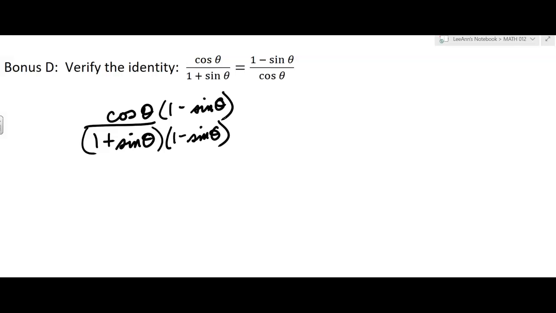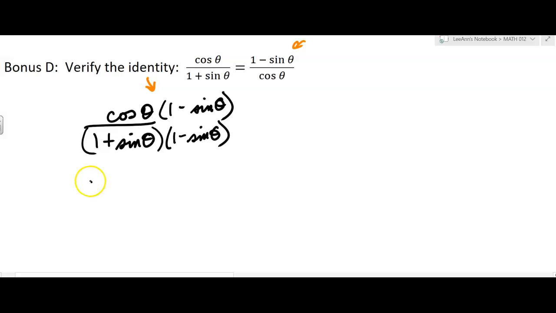And this will keep me from getting a middle term when you multiply by the conjugate. You can think about that. We've used that process in the past in algebra. And you also notice that now I have that 1 minus sine theta in the numerator, which is what I want, right? Okay, so there's going to be a little more work, but let's see what happens here.